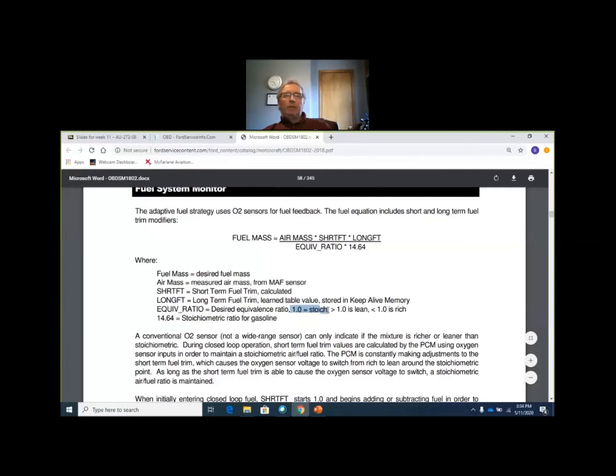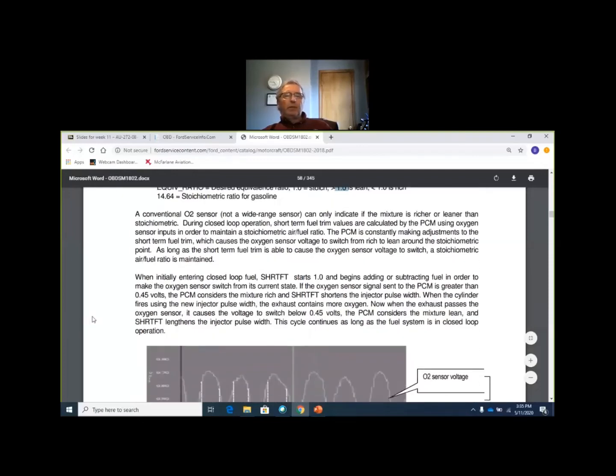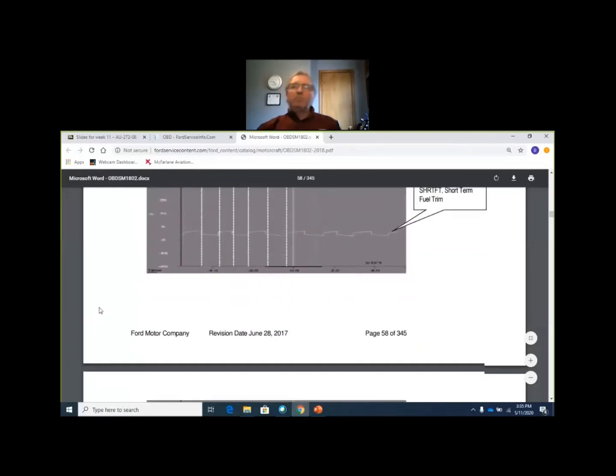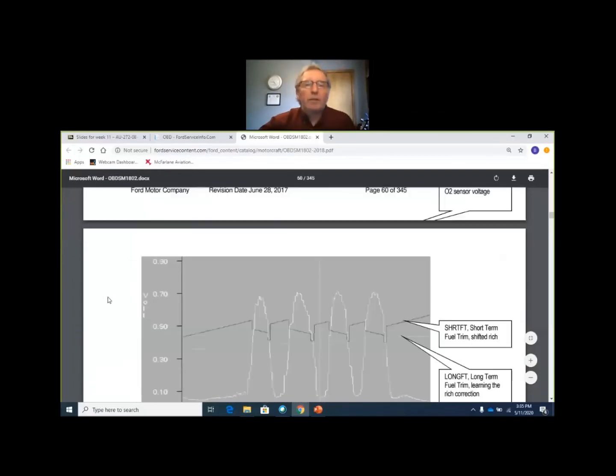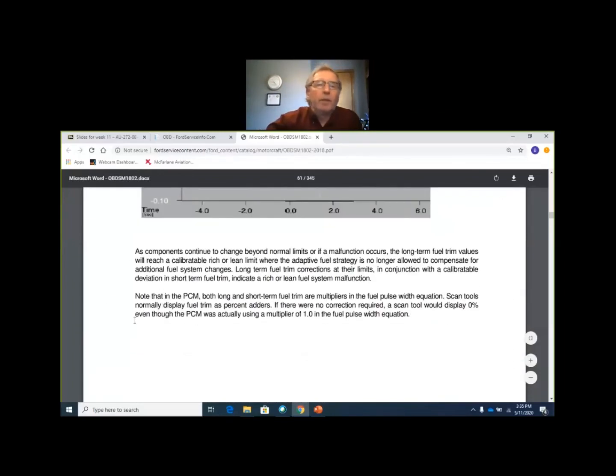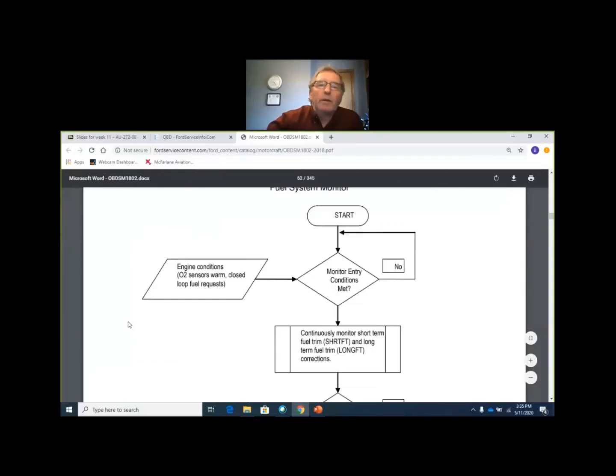If we want it to be at stoichiometry, this number is going to be 1. So we're going to be looking for 14.64. Greater than 1 is going to be lean, and less than 1 is going to be rich. Anyhow, see if we have some standards down here for that fuel system monitor, things that are going to cause it to set a code.